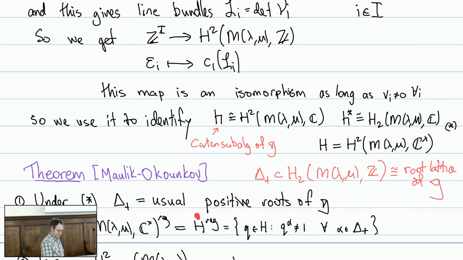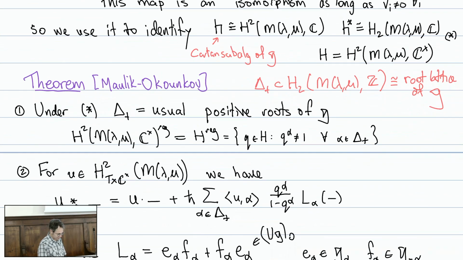Despite the weird notation, there are so many H's in this. This capital H is the maximal torus, or Cartan subgroup, of the group G. And H reg just means those elements in the maximal torus where the roots don't take the value 1. So that was the first part of the theorem.